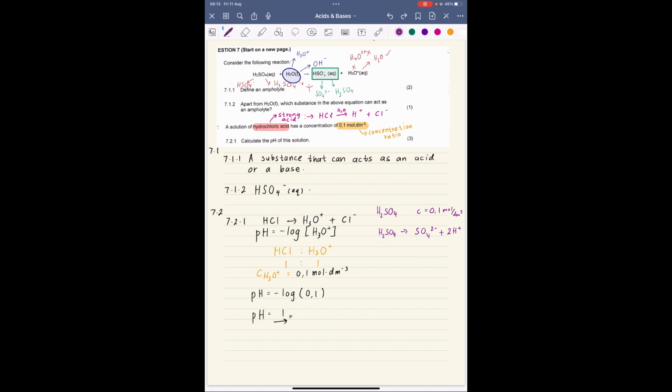This is for a polyprotic acid. You can imagine if this was H3PO4, what's this called? Phosphoric acid, it would do the same thing. You would say H+ plus PO4 3-, and then you'd say, okay, this has to be 3 because I have to balance this and this.